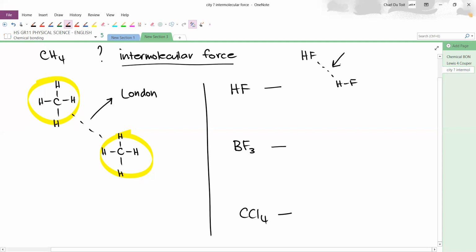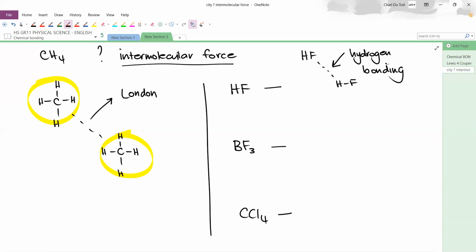Wouldn't it be hydrogen bonds? Very good. Hydrogen bonding is a specific dipole-dipole force when hydrogen is bonded to fluorine or oxygen or nitrogen.